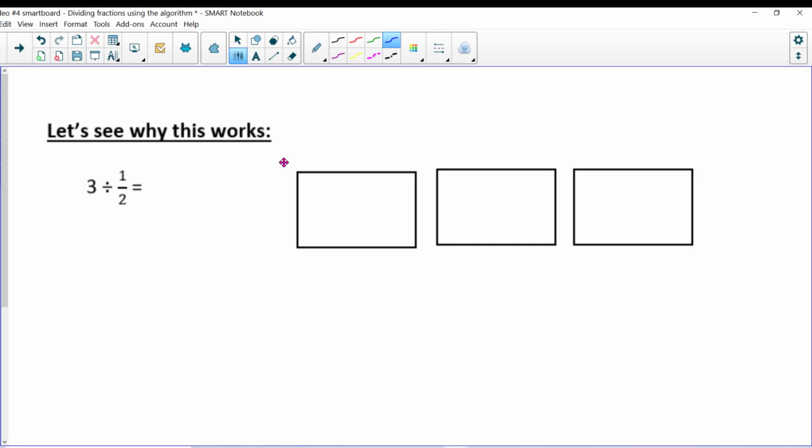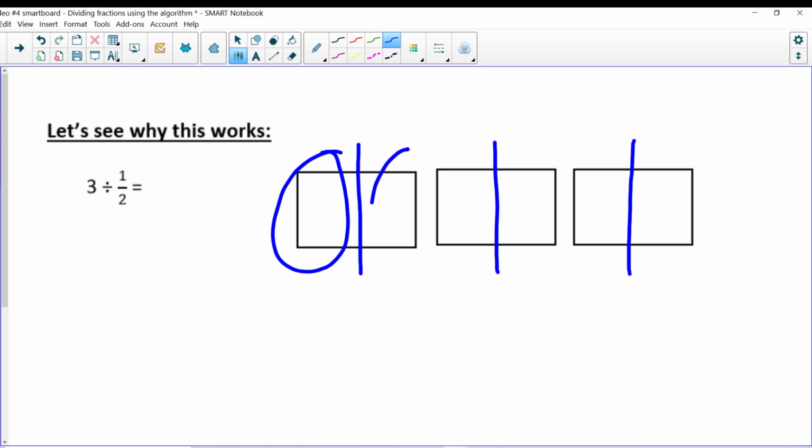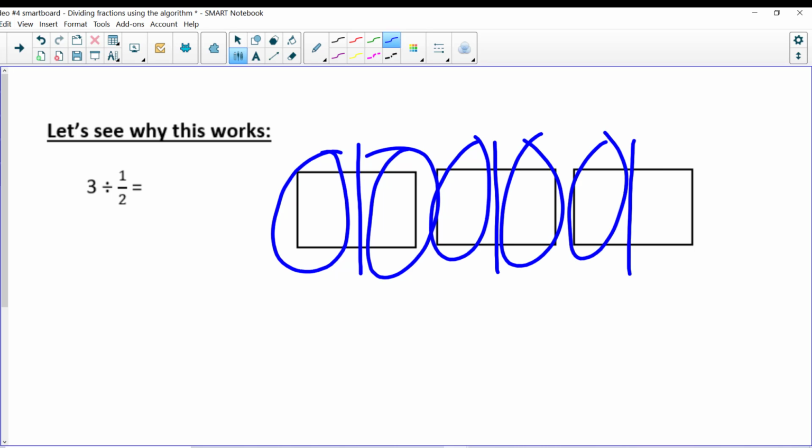So how many friends would get a half of a cake? So we're going to divide each of the 3 whole cakes into halves. And how many groups of 1/2 do I have? Here's one group, and another group, another half, and another half, another half, and another half. So how many groups of 1/2 are there? 6.